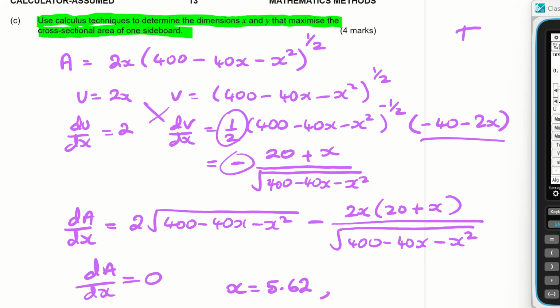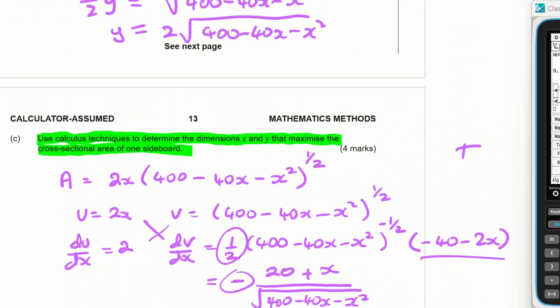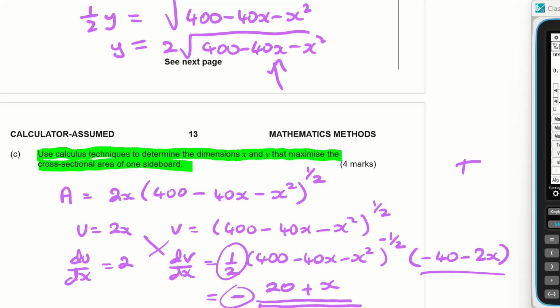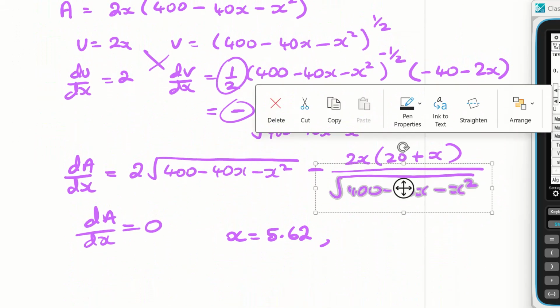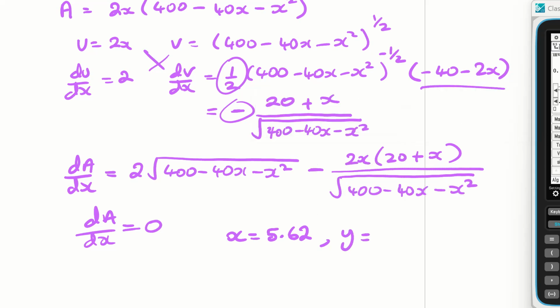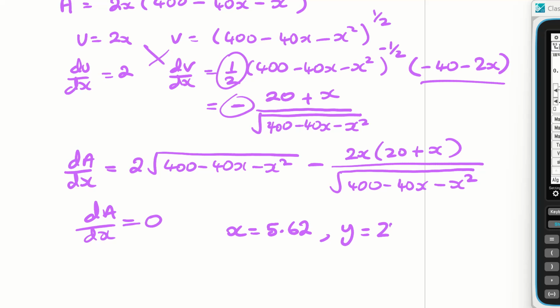To get the corresponding y value, we're just going to substitute into our expression for y, which is this one up here. And we won't actually ask for the area, just the x and y values. So x is 5.62, y is 23.99, and those are all in centimeters.